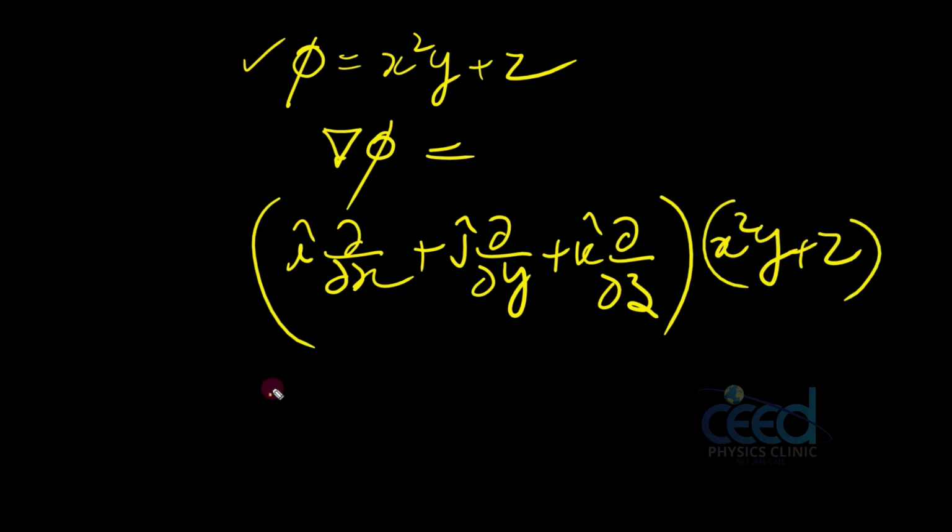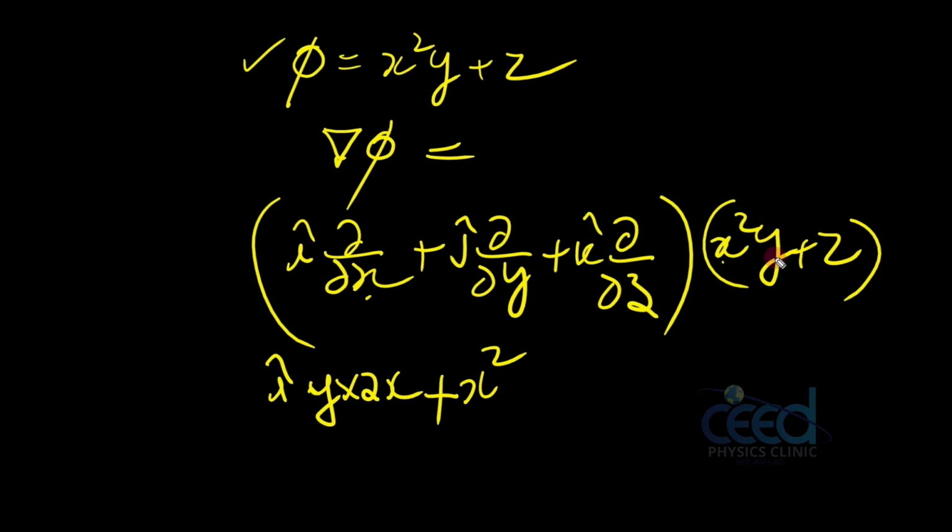With respect to x, x is the only variable and the rest are constants. Here y is a constant, x square gives 2x, and z gives 0. Now with respect to y, y is a variable and x square is a constant.